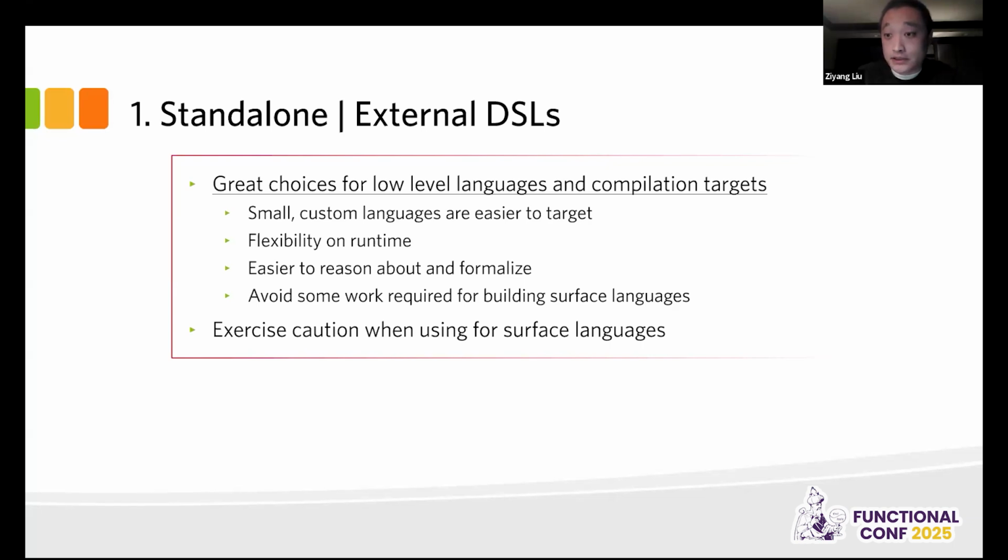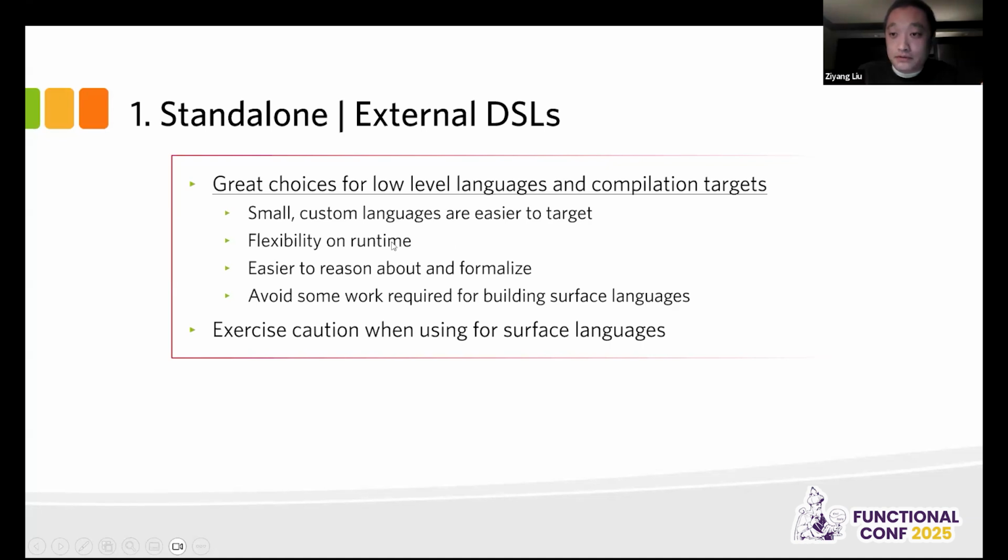For example, from a compilation point of view, a small and custom language is often easier to target. It can be much harder to compile a surface language to another surface language, because different surface languages may have different ways of abstracting things, and there are often additional dependencies and so on. So that makes compilation easier.